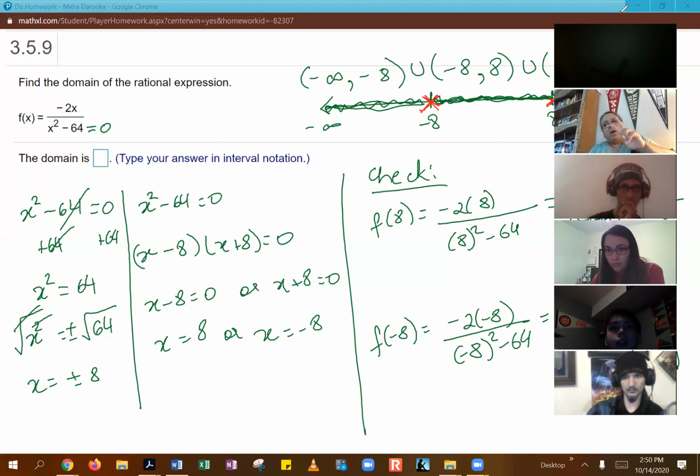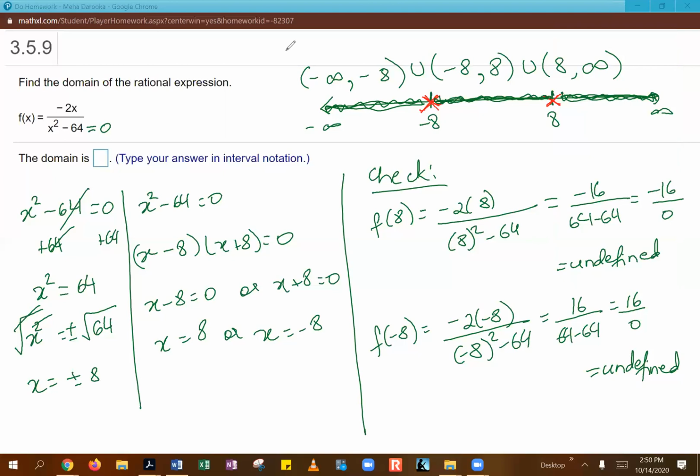So since there are two numbers we cannot use, you will see we came up with 3 intervals in our notation, however you want to look at that. So this is going to be your domain for this function over here. Question on this one, guys?